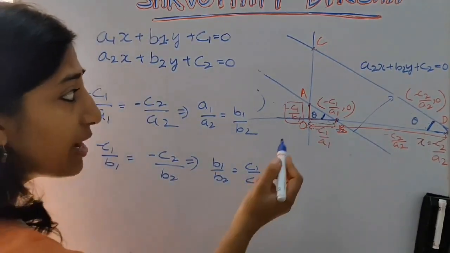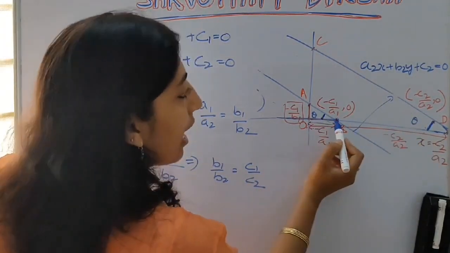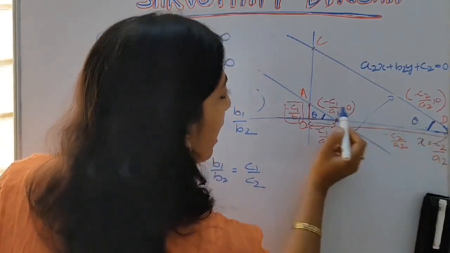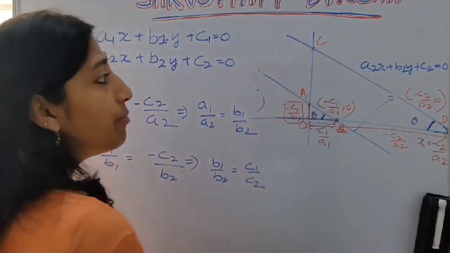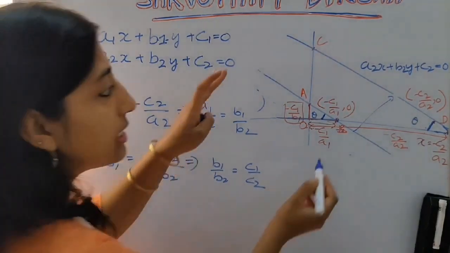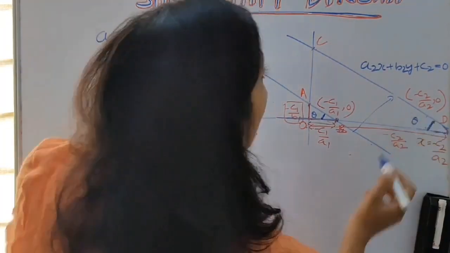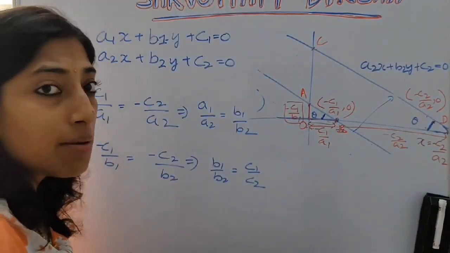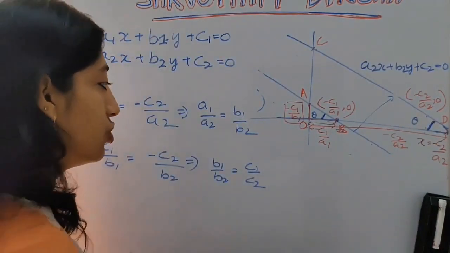So, since my inclinations are same and my B is coinciding with D and my A is coinciding with C, it means they are nothing but infinite solution.